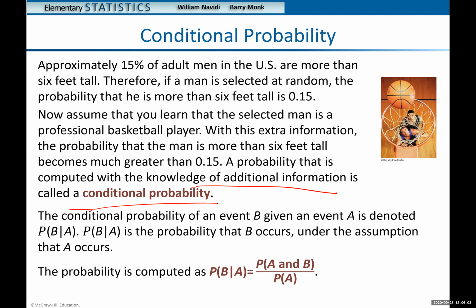The conditional probability of an event B given an event A is denoted probability of B given A, and that is the probability that B occurs under the assumption that A occurs. And the formula, copy this: probability of B given A is equal to the probability of A and B, all over the probability of A.